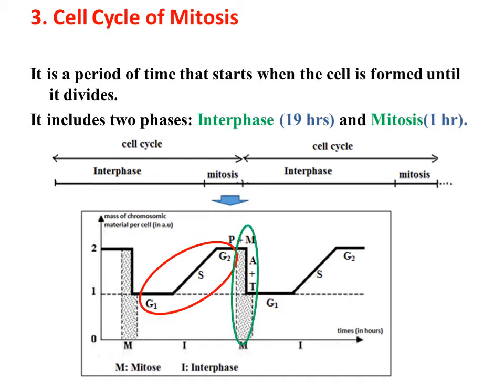Then, during mitosis, which consists of four phases: prophase, metaphase, anaphase, and telophase, the mass of chromosomal material decreases by half, from two arbitrary units to one arbitrary unit.